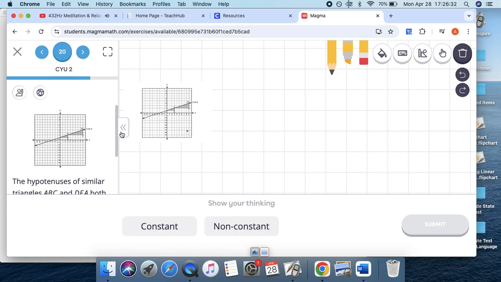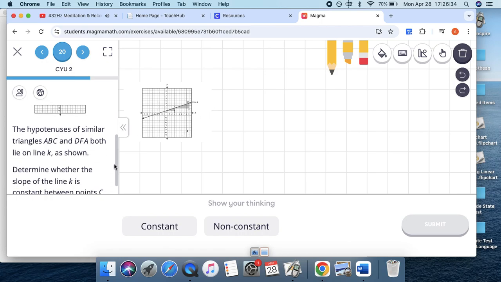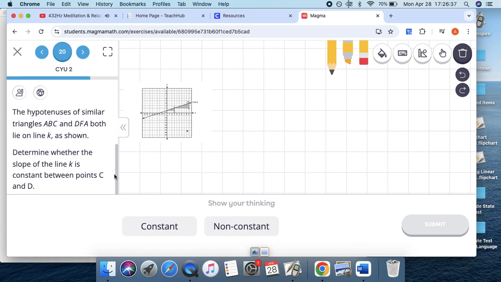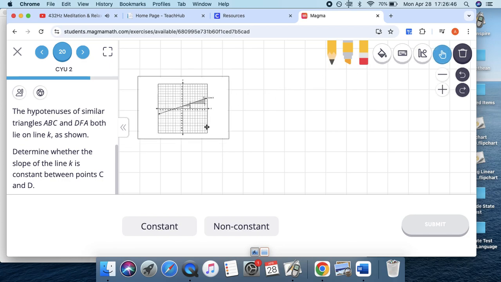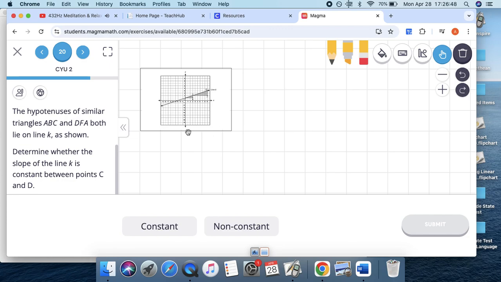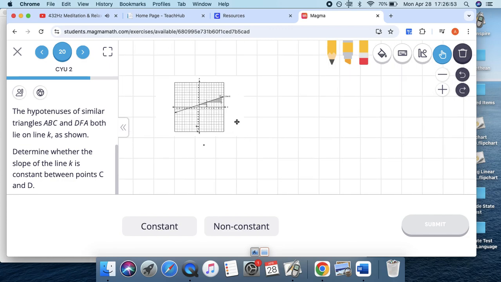What is this question? The hypotenuse of similar triangles determines whether the slope of a line is constant between the points C and D. I can't even see the points C and D. I'm just going to make this bigger. Is the slope of line K constant between points C and D?